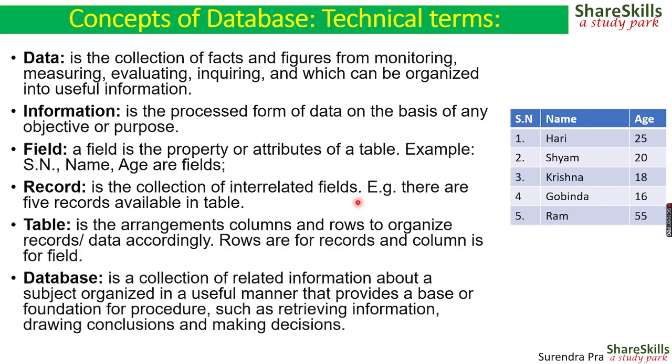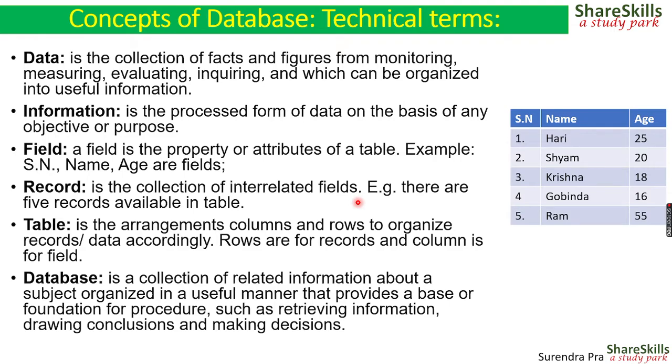Now next, database. A table is the primary component of the database. So we can say a database can be one table also, but a database is the collection of related informations about a subject organized in a useful manner, according to our wish, our desire, our formation, our objectives.